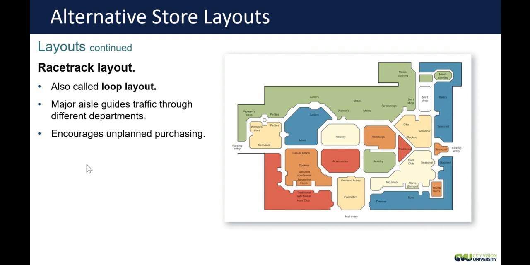Think about a big box Target or a Walmart Supercenter. There is the main racetrack that goes around, and as you walk in the store, there are displays in the center, so they maximize the retail, showing you things on the major aisles, and you have both. So that's a racetrack layout.